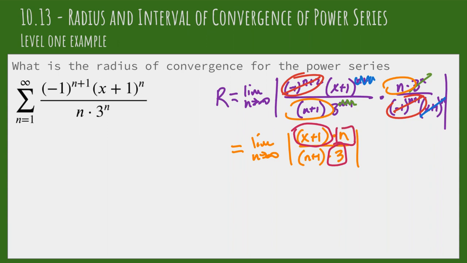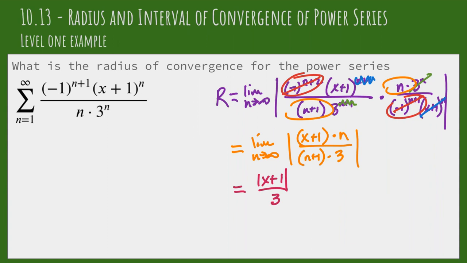Now, obviously, the n and the n plus 1 depend on the value of n. So as n gets really big, x plus 1 stays the same, and the 3 stays the same. It's really important here to understand that x plus 1, depending on the value of x, could be negative, but we have the absolute values here. So I'm going to put the absolute values around the x plus 1.